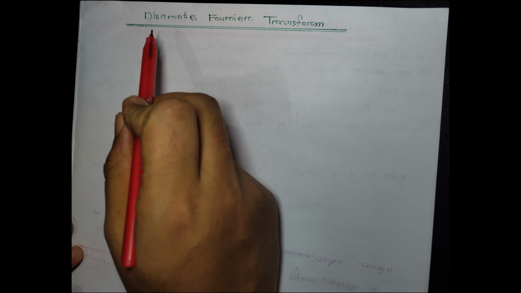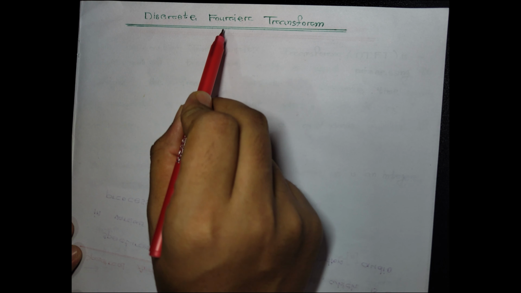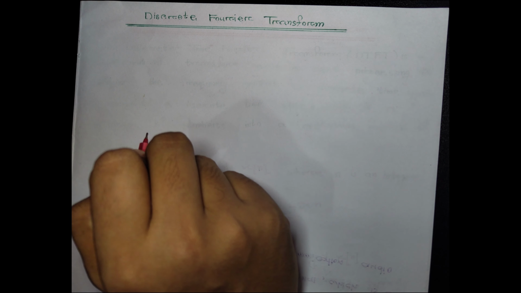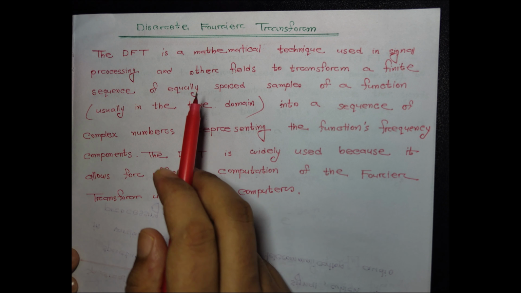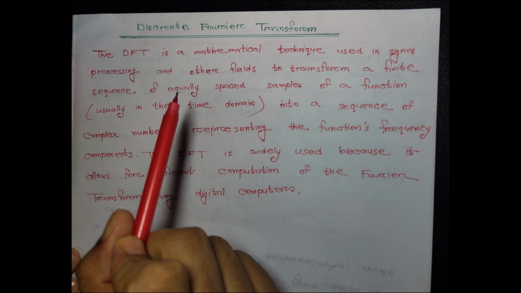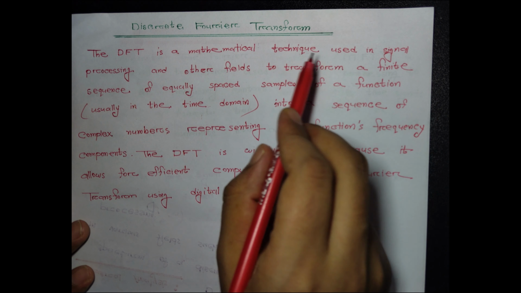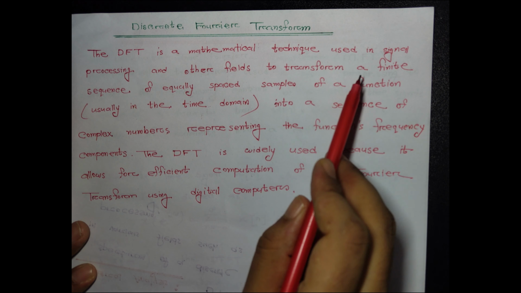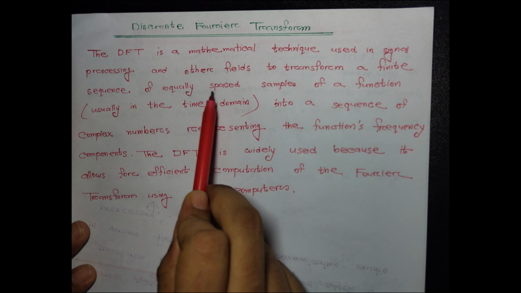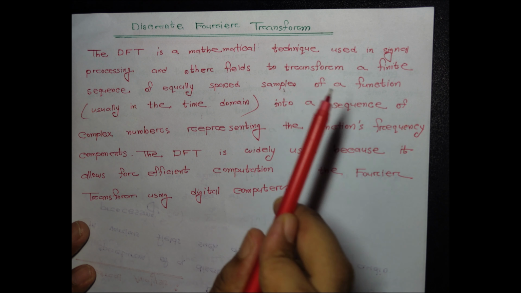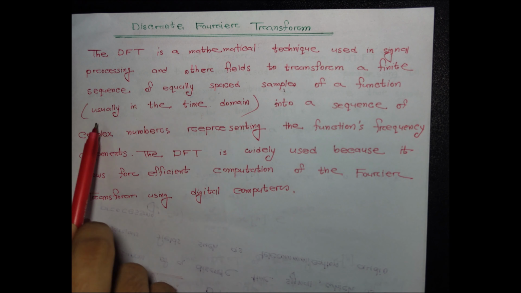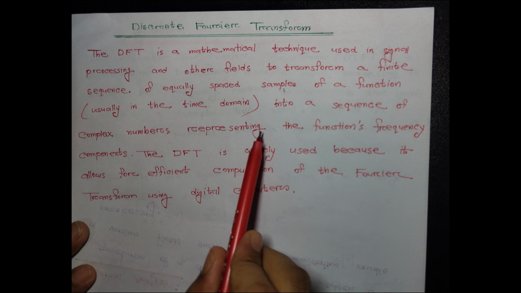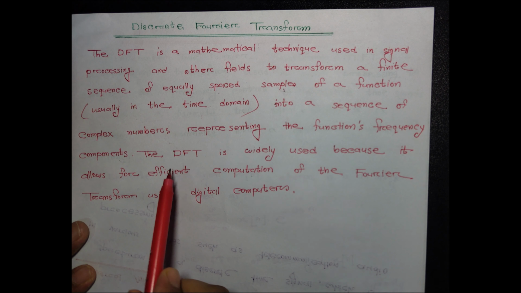In this lecture, I will explain the discrete Fourier transform, or DFT. Actually, the DFT is a mathematical technique used in signal processing and other fields to transform a finite sequence of equally spaced samples of a function, usually a time domain function, into a sequence of complex numbers representing the function's frequency components.